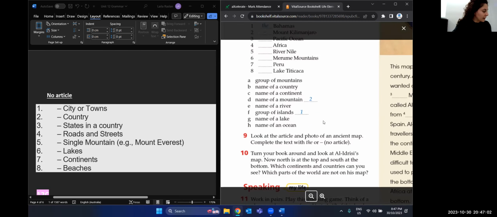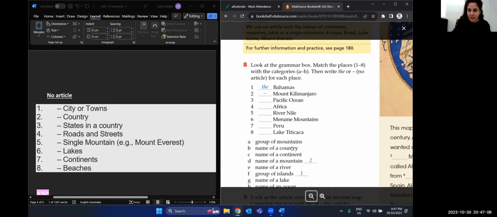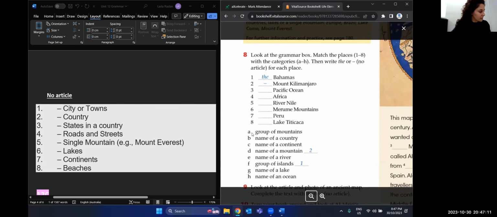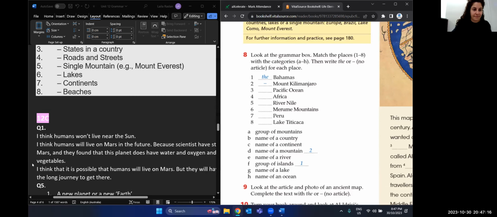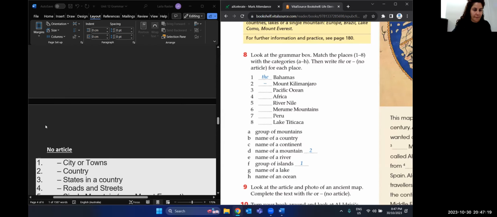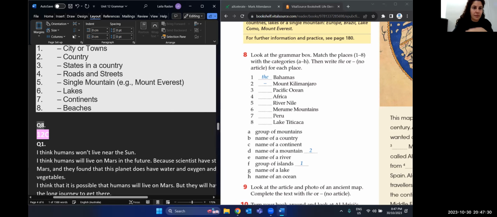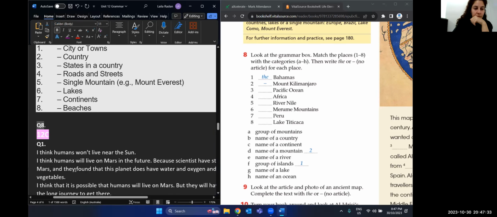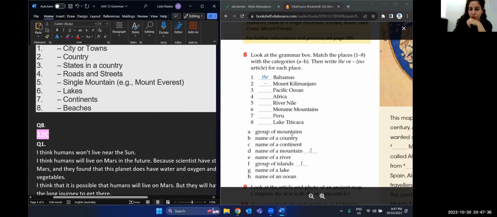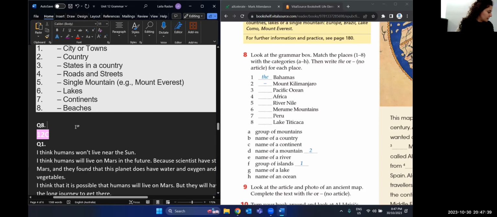So which one is a group of mountains? Number 6. So a group of mountains is 6A.